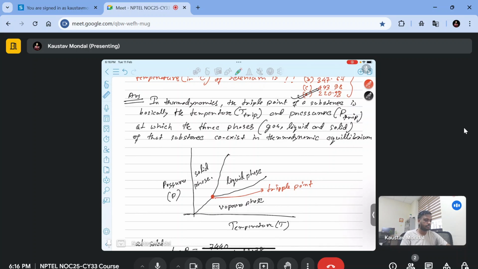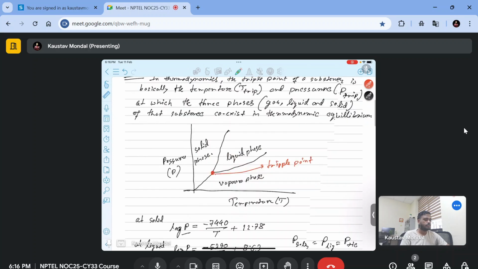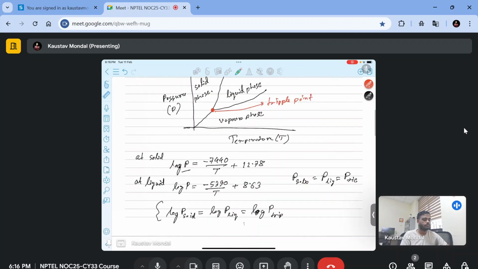You can see from this schematic diagram that solid, liquid and vapor phases all coexist at the triple point.